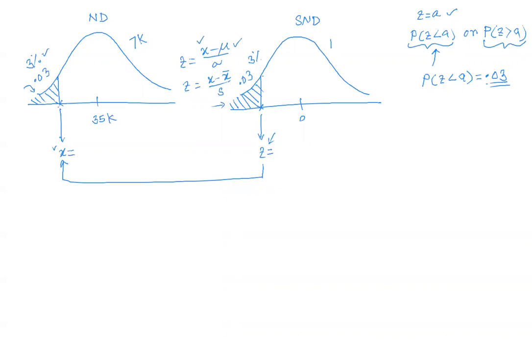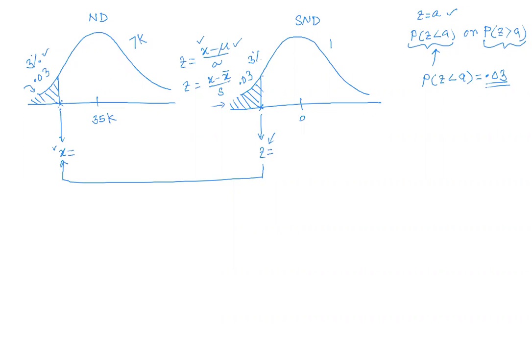In the continuous probability distribution case, by the way, probability and area are interchangeable. They mean the same thing. When I say probability, I mean area, and when I say area, I mean probability, because probability is defined by the area under the curve.